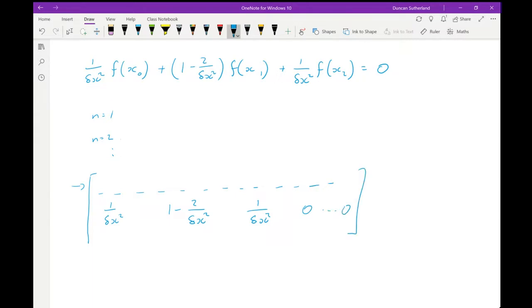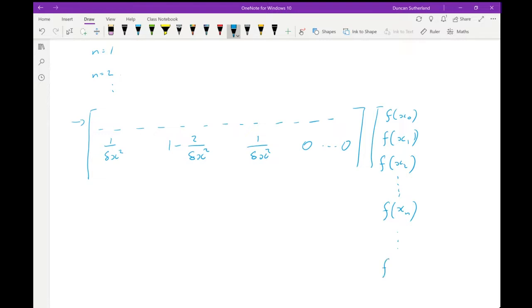We multiply this by the vector f x0, f x1, f x2, dot dot dot f xn, dot dot dot f x big N, right? That's our end point. All right, so here we have boundary condition, right? We know that f of x1 has to be equal to something.